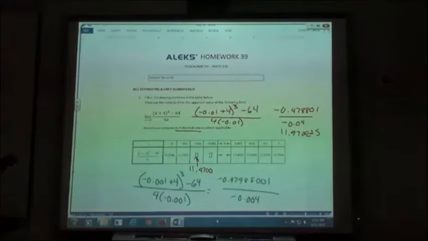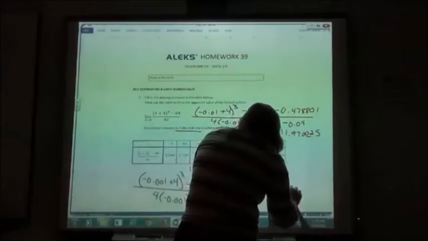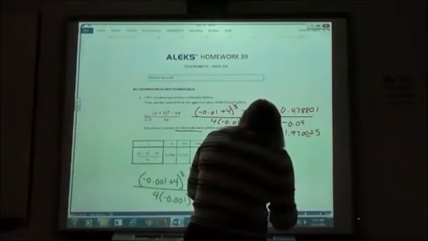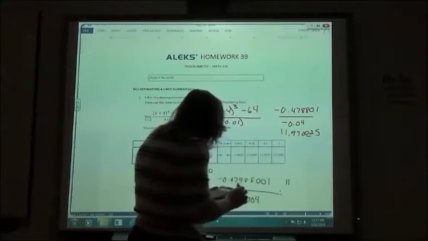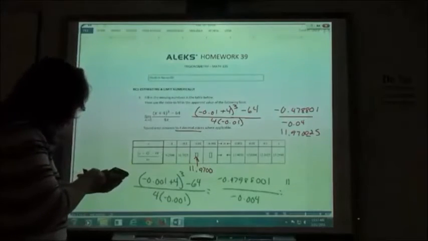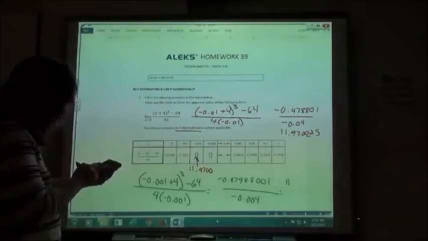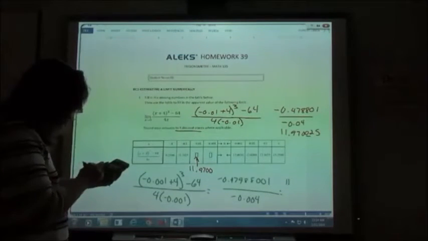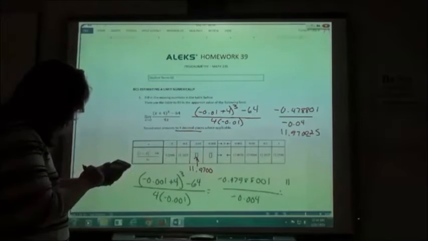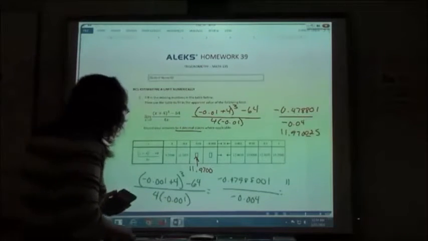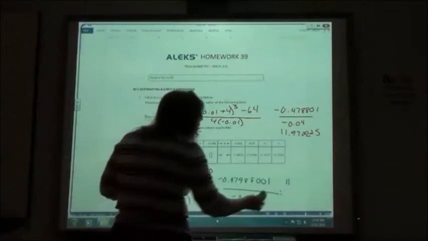So dividing that out, -0.479880001 divided by -0.004 gives me 11, whoops, let me punch that in again. Negative 0.47988001 divided by negative 0.004. Something is not correct there.